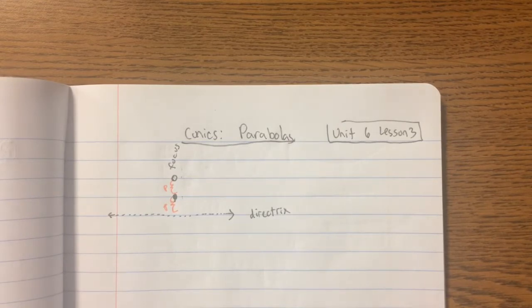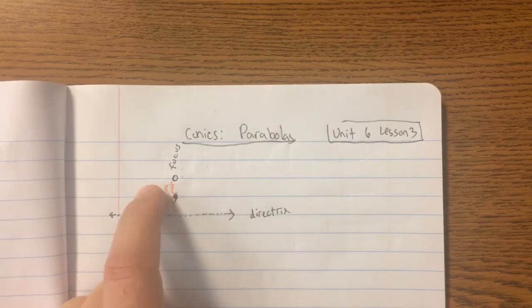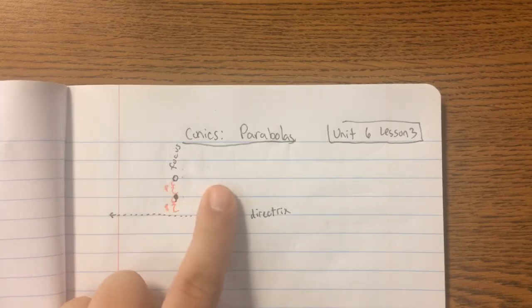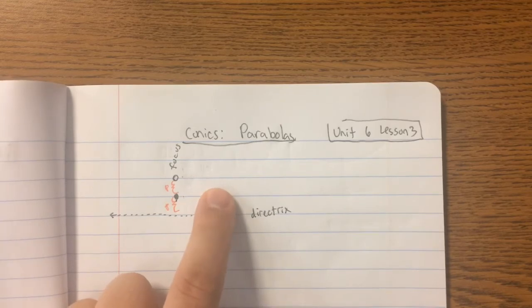So we can plot other points on this parabola by keeping that in mind, as far as, well, we know that all the points need to be equidistant from this point and this line. So if I were to go from the focus sort of parallel with the directrix, so go left and right here, how many units would I need to travel to get to a point on the parabola?